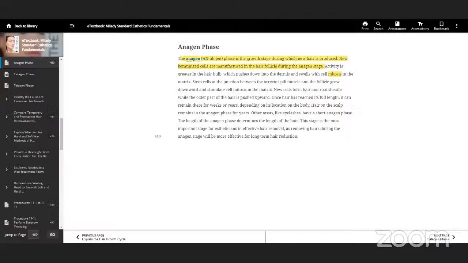So maybe around January, February, those are your shedding months. That's your winter season. If we know winter is when our client's lashes shed the most, we know we're not going to have them stay a longer period of time.